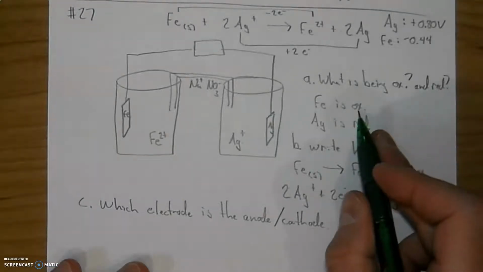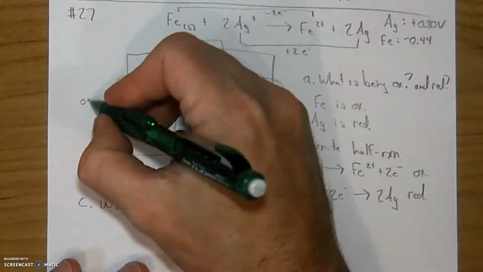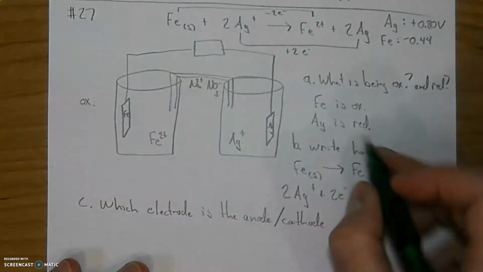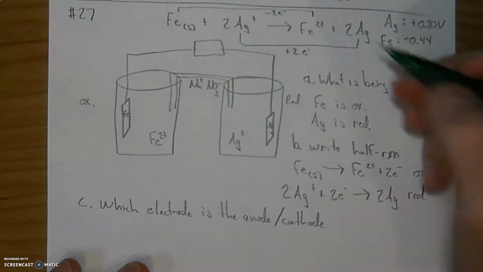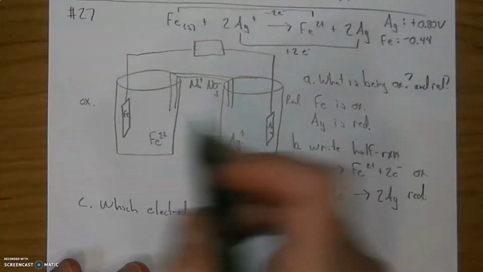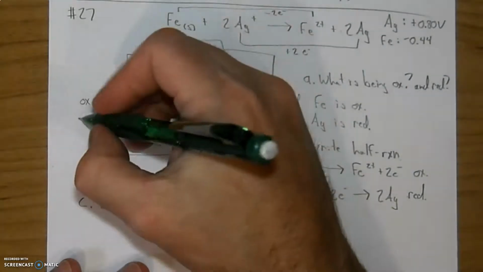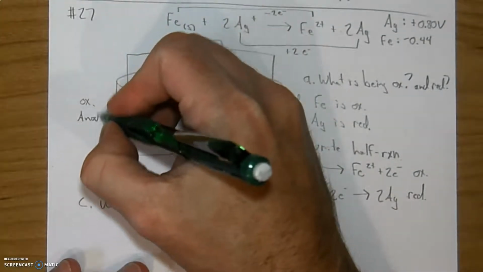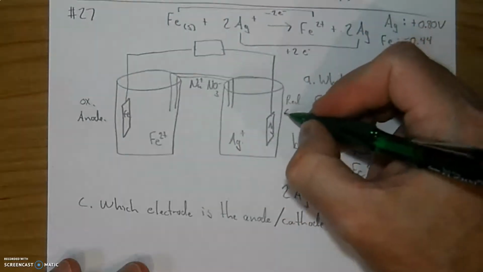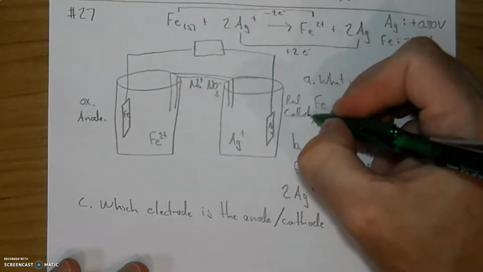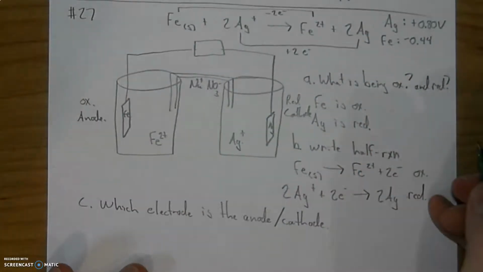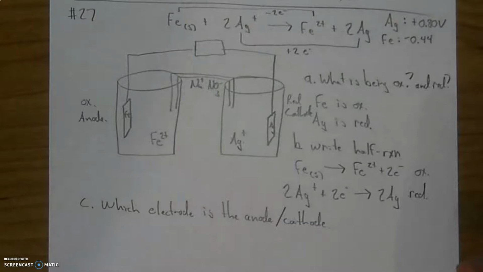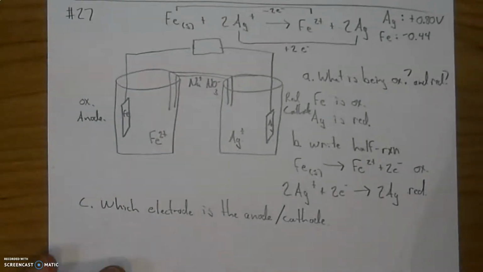If iron is being oxidized and silver is being reduced, based upon the little trick we talked about earlier, match up the vowels or the consonants: oxidation occurs at the anode and reduction occurs at the cathode. You just have to memorize this or just match up again vowels and consonants and that'll work out fine. It's just a definition-y kind of thing, anodes or cathodes, and what occurs in each one. It's just a name. So we need to put that down here.